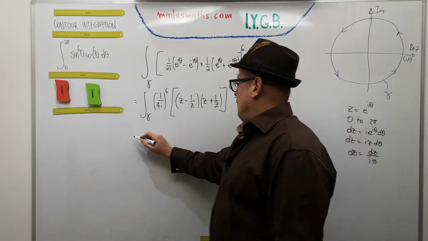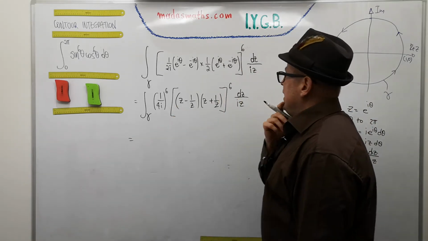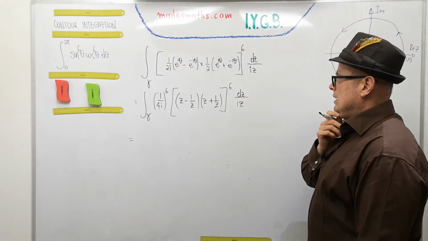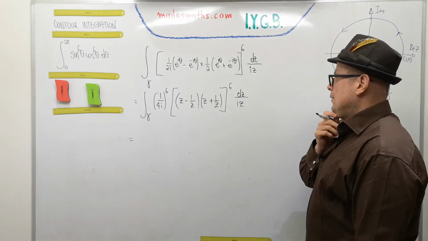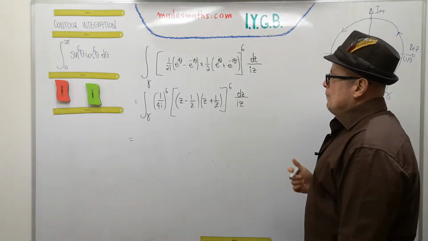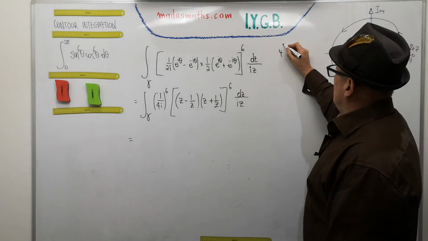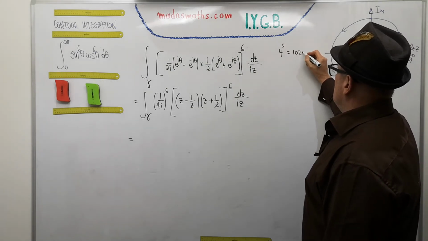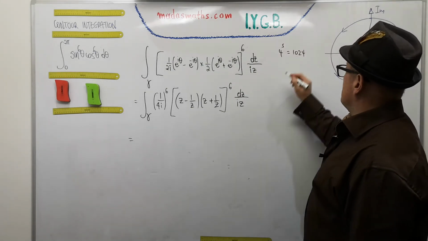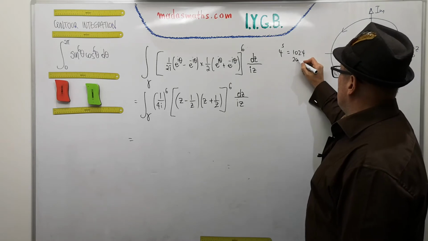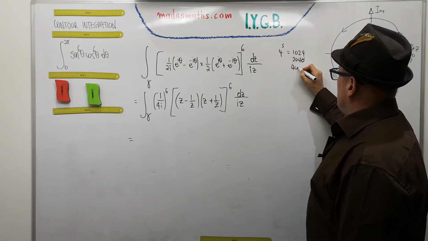Next line, shall I evaluate that 1 over 4 to the power of 6, or shall I just leave it like that? 4 to the power of 5, I know it's 1024, or 2 to the 10. So an extra times 4 will double it, so it's 2048, 4096.